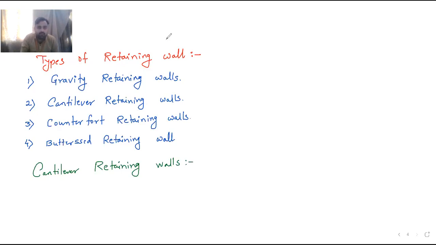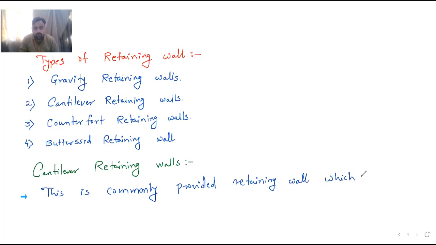In the cantilever retaining wall, the first point is that this is a commonly provided retaining wall, which is in the shape of an inverted T section.